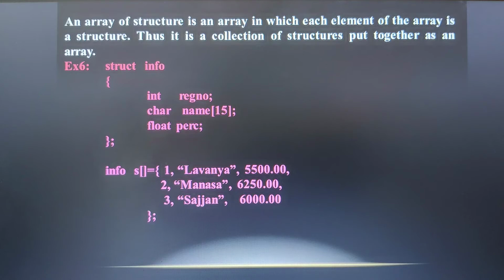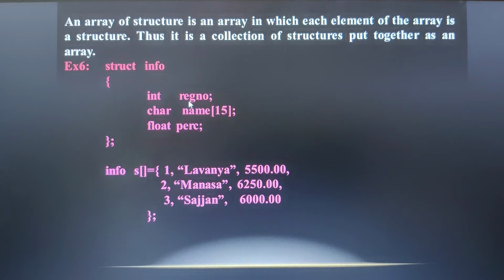This concept we have already discussed when we were initializing a structure. If we know the size of an array, then we can easily make out how many structures there are. If we don't know, depending upon the number of initializations you give, you can assume the size of the array of structure here.